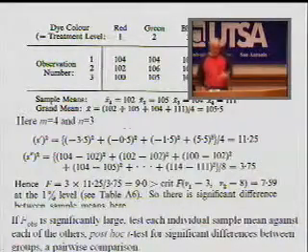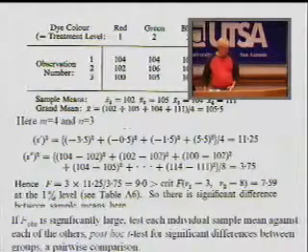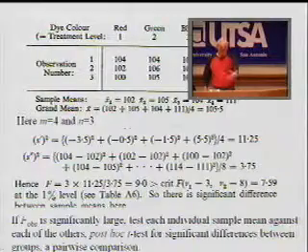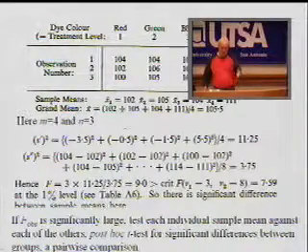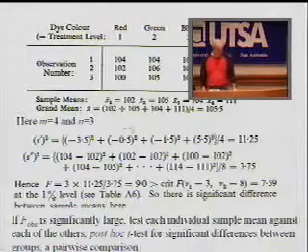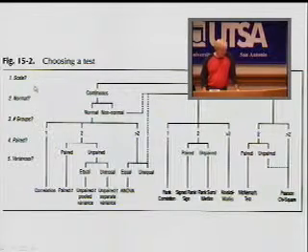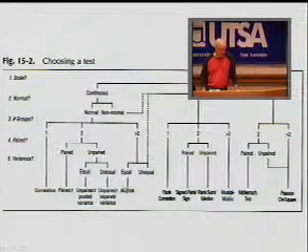So it'll be easier to surpass the 5%, harder to pass the 1%, even harder to pass the 0.1%, which would be p less than 0.001, right? So you get the picture there. So again, this is evaluating continuous data that is normally distributed, more than two groups with equal variance, and we have passed the analysis of variance.